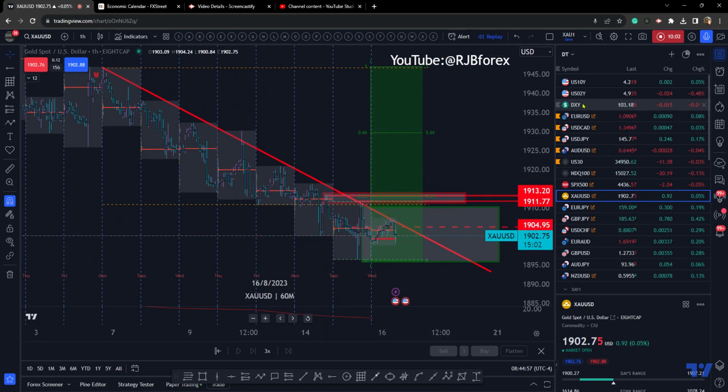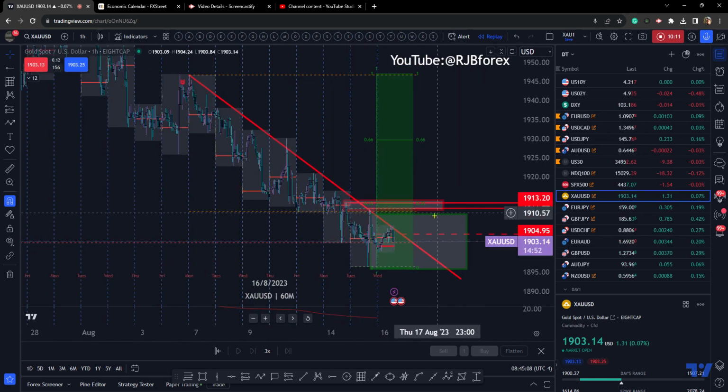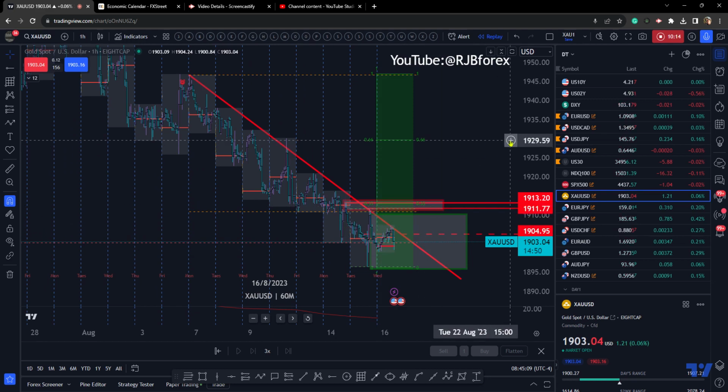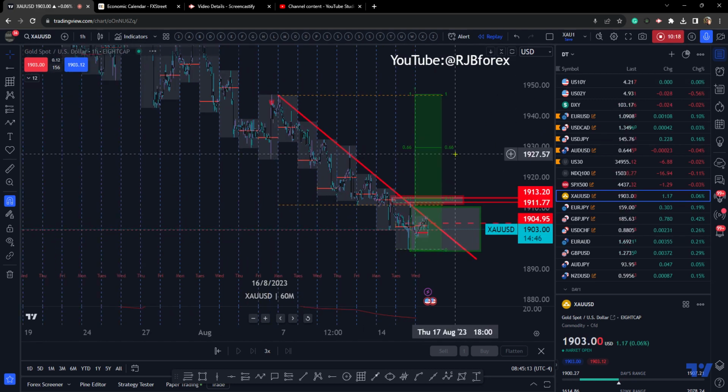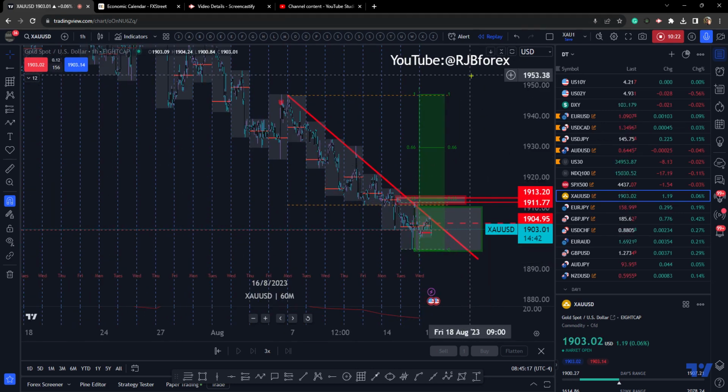I mean, at the moment, doesn't seem to be. We've got a consolidated market at the moment, but let's see if we can get a burst of energy at some point, which could see a move up in the gold price. Not to say that's going to fly all the way up into the 50s, of course not.